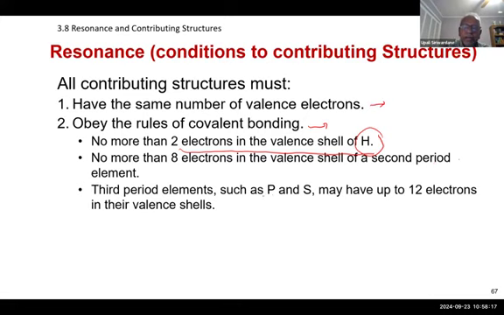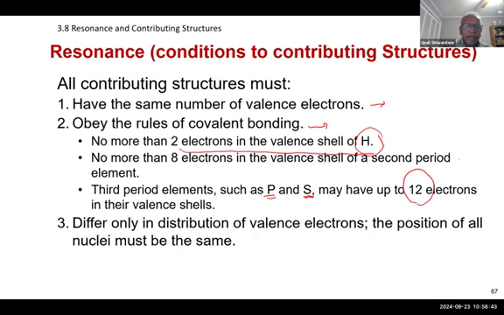In resonance structures applying to compounds with more than an octet, you can have up to 12 electrons in the resonance structure of phosphorus and sulfur.